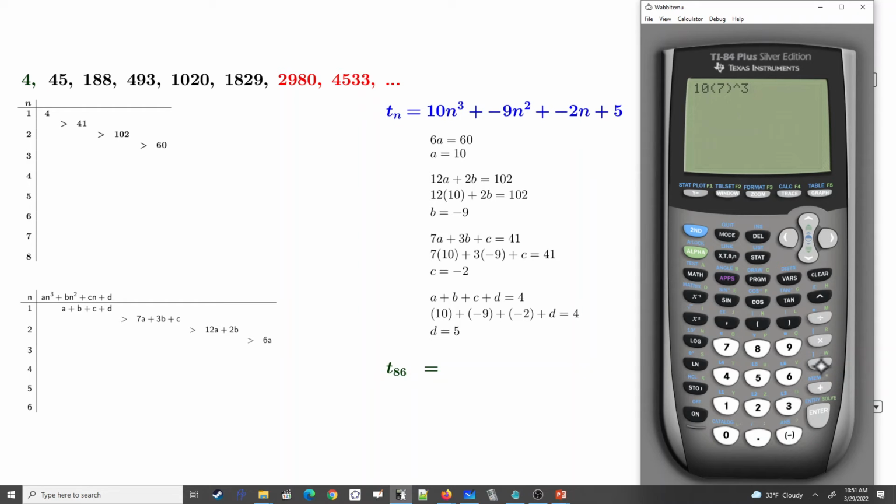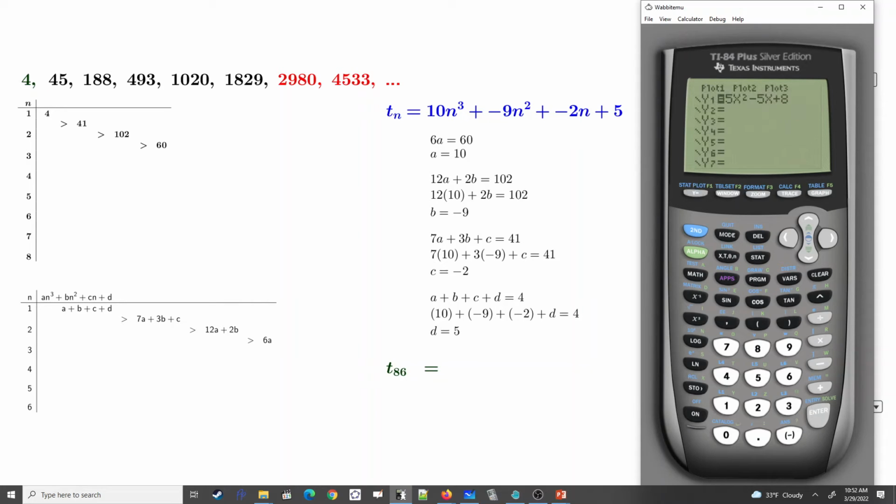I could then subtract 9 times 7 squared. I could then go minus 2 times 7. And I could go plus 5. I could hit enter, and I could come up with 2980. And I'm feeling pretty confident that not only did I do my formula right, but I did my recursive elements right.